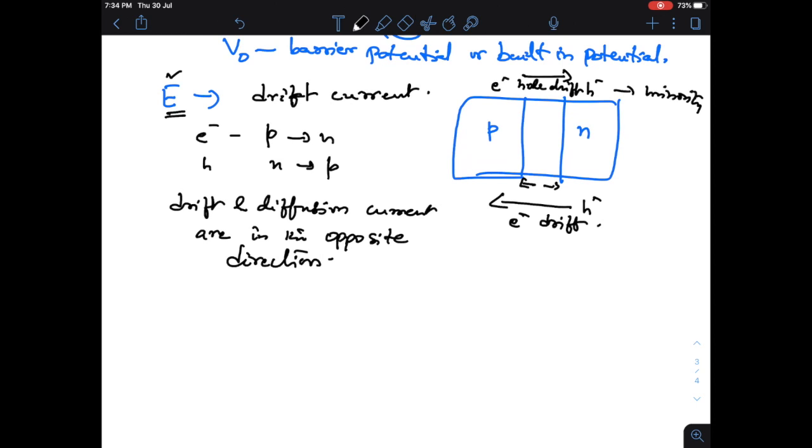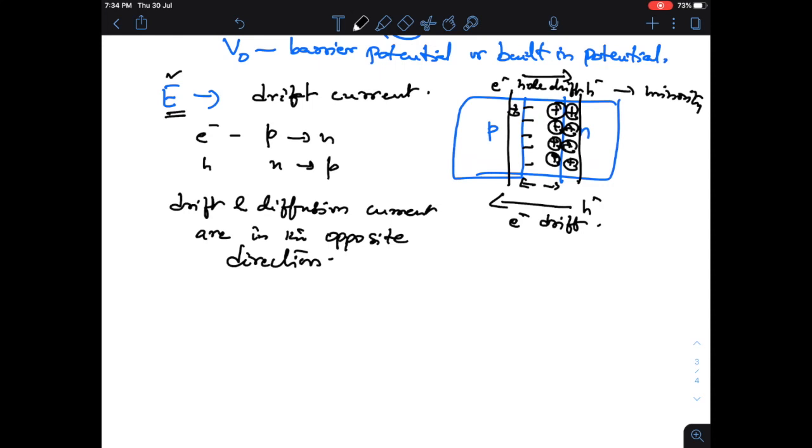Now, as diffusion continues, what will happen? This width may increase because more and more electron hole pairs will recombine, and instead of only one layer of positive and one layer of negative that I showed you, there may be another layer.